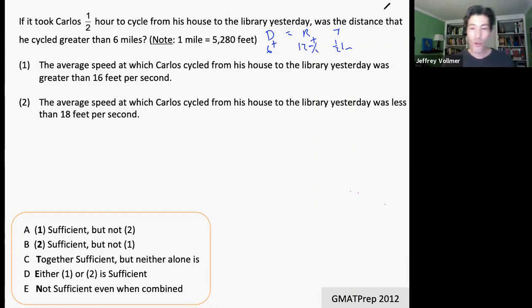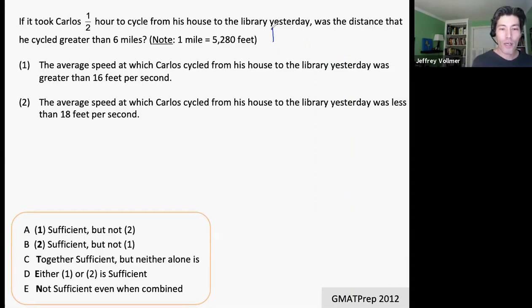So one way that you could rephrase this question is: was his rate greater than 12 miles per hour? Because that's the only way he's going to be able to cycle greater than 6 miles. And the utility of this is that both of these statements are about the rate, so now I can communicate from statement to question a little bit better.